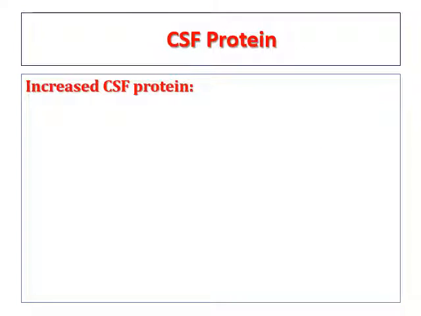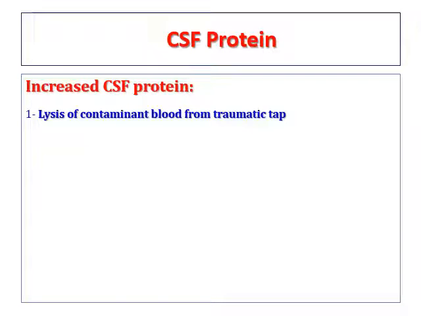As regards the CSF protein, content is increased by any process that adds other constituents or components to the CSF, like the immune cells, like the bacteria, okay, or changing the permeability of the blood-brain barrier so cells can freely move into the CSF. For example, in the traumatic tap, you are causing hemorrhage, and this mild hemorrhage contains protein, so it causes mild increase in the CSF protein.